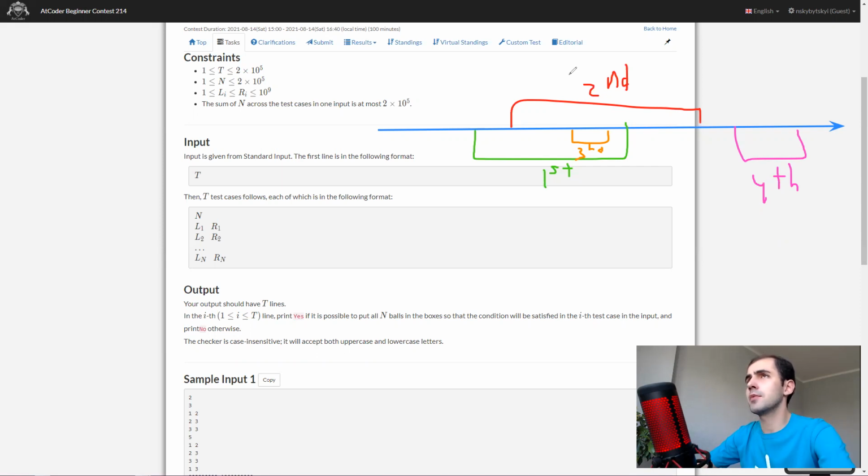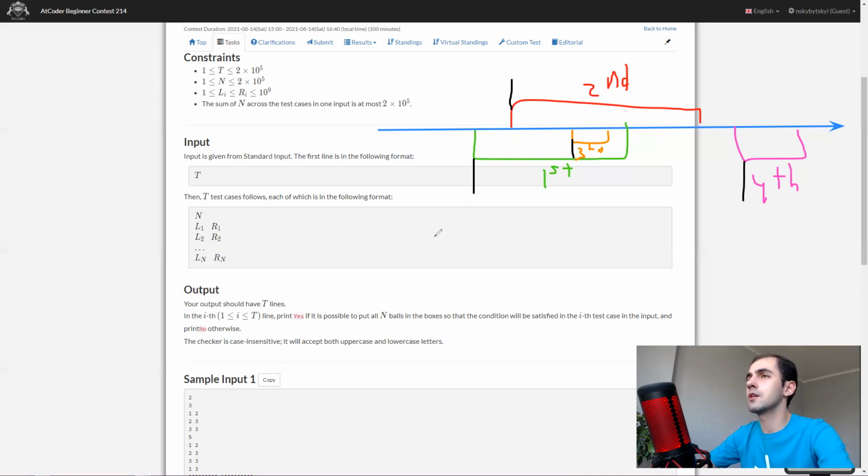A very common way to solve such problems is some sort of sweep line algorithm. That means we are going to process these ranges in some sorted order. Usually we process them in sorted order of the left endpoint. So we're going to create several events, where at these positions the corresponding ball gets added into our pool.